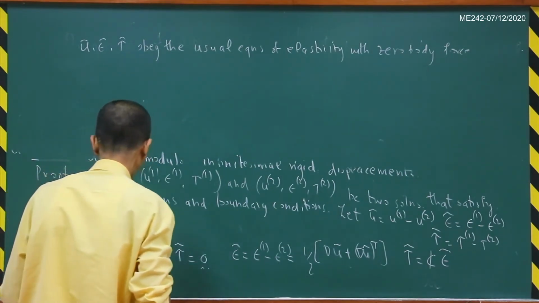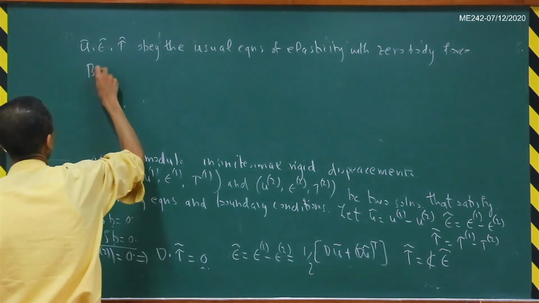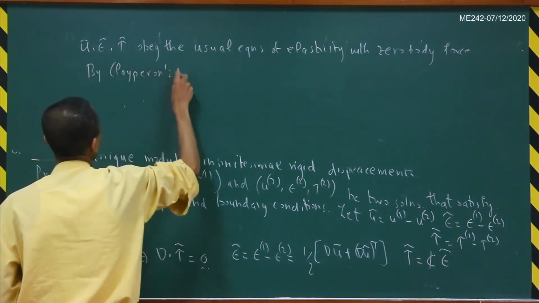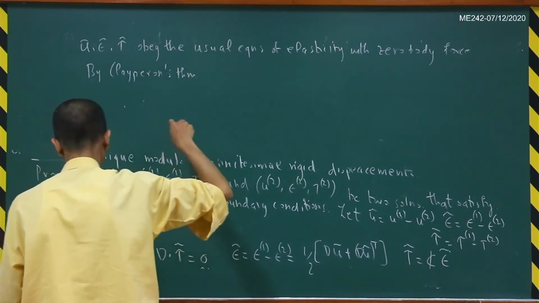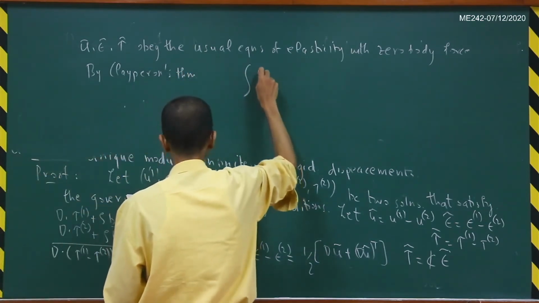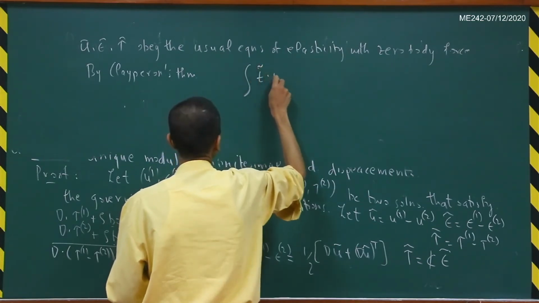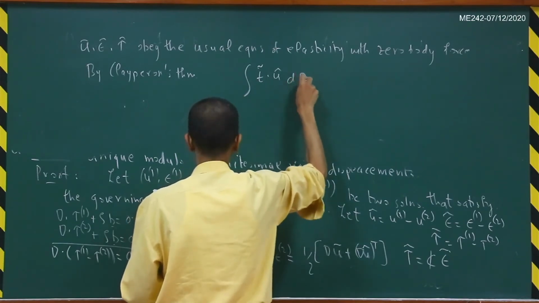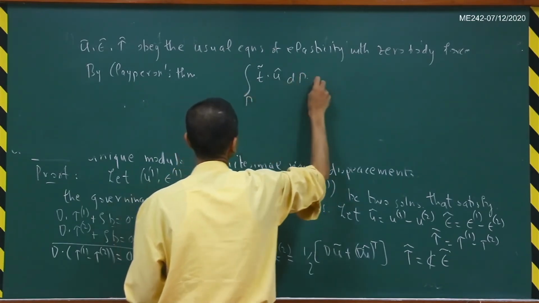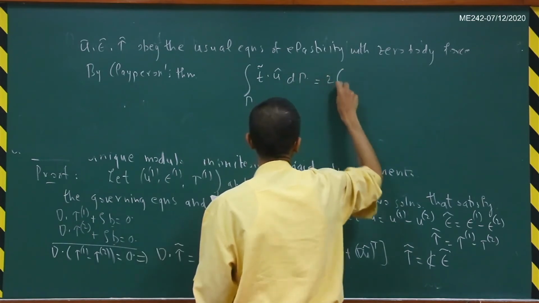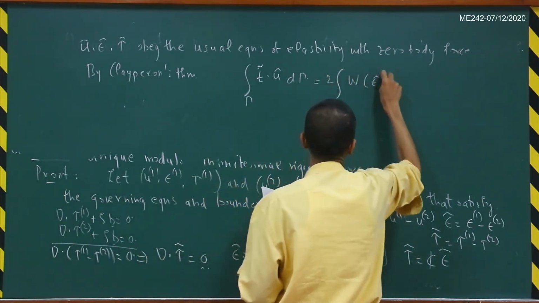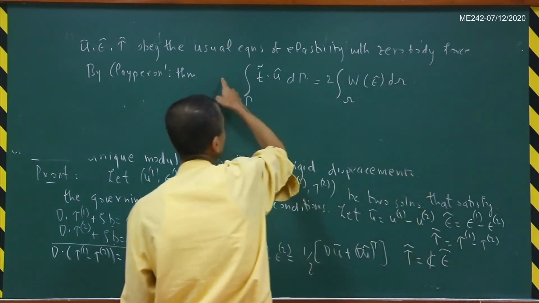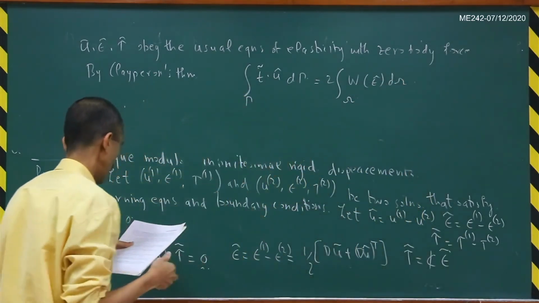And then by Clapeyron's theorem, you will get that the integral of t tilde dot u tilde d gamma over gamma is equal to 2 times the integral of W of epsilon tilde d omega over omega. That is because the body force is 0, so it doesn't enter into this.